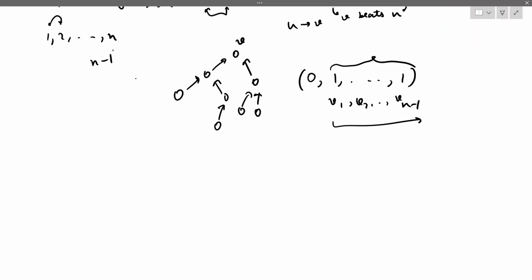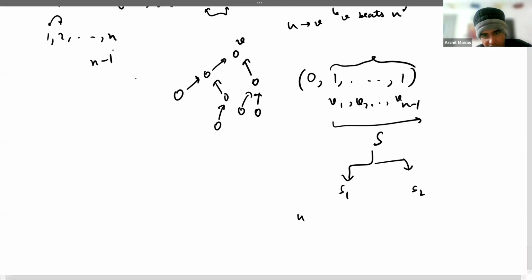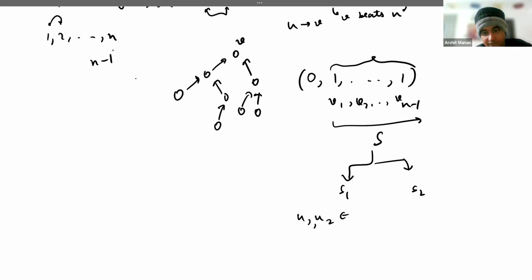Let's say this set S of vertices without degree 1 is called S. I'm asking you to split S into these two groups, S1 and S2, such that if U1 and U2 both belong to, say, S1, then you shouldn't have queried U1, U2 as an edge earlier. So basically U1 and U2 are not directly connected in the tree. You take alternate levels of the tree.